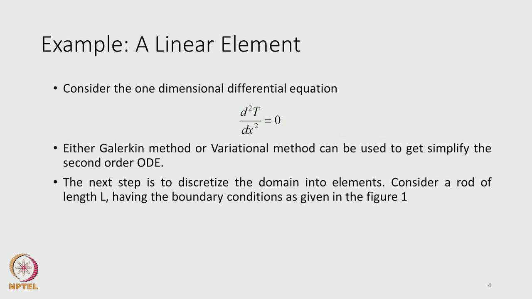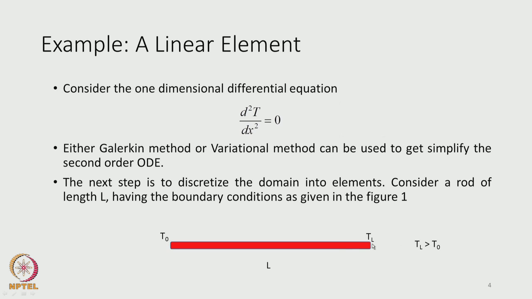Next, we discretize the domain into a number of elements. So, consider a rod with length 0 on the left hand side and the length running to the other side, the length corresponding to L, with temperature T0 on one side and temperature TL on the other side.